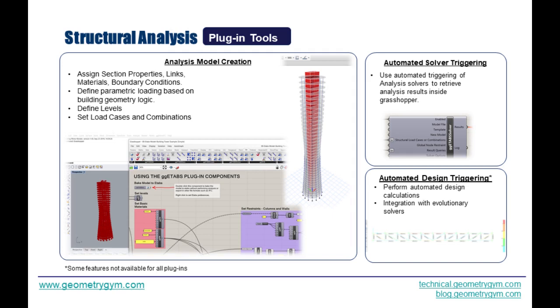We also allow in some of our plugins automated design triggering, so you can set up design members in Grasshopper and trigger the design and get back utilizations and stuff like that, which you can integrate with evolutionary solvers to optimize structures.